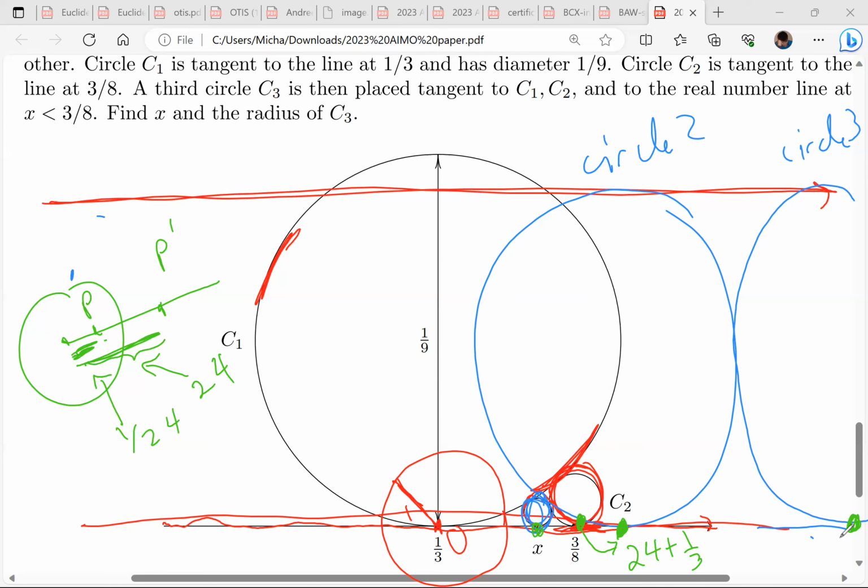Okay, then the next question is, what is this point here? Where is this point? Diameter of circle 2. It's like plus that point plus the diameter of any of this stuff.